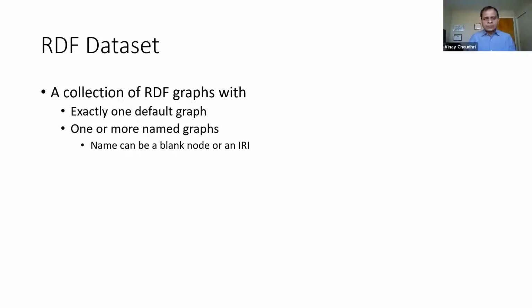And whenever we issue queries, we can refer to a particular graph within a data set. If you don't mention any graph, then the query will be evaluated against the default graph of the data set. Again, this is a finer aspect of the RDF model, and I'm not going to cover it in any more detail than just mentioning this concept here.